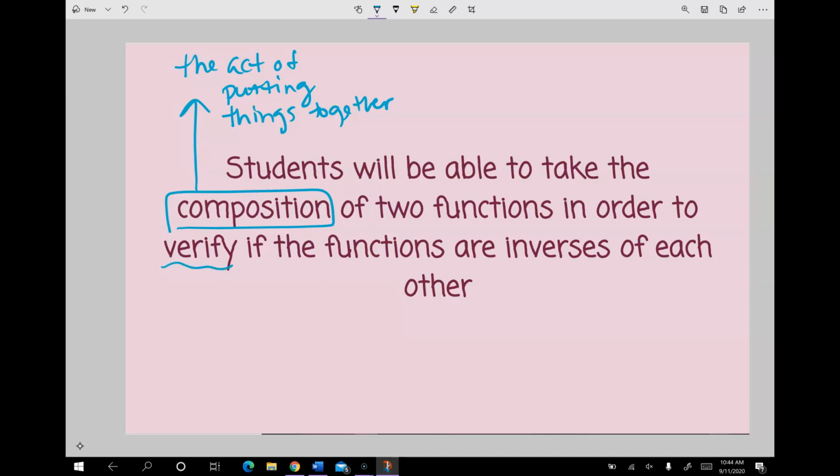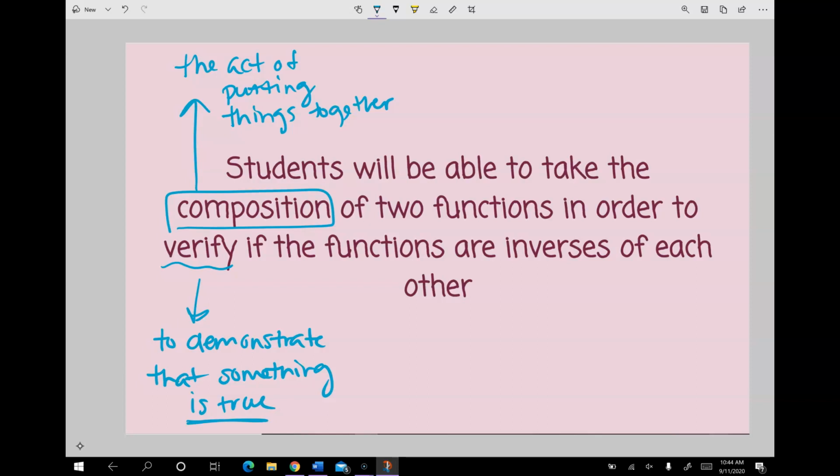Verify. What does verify mean? Verify means to demonstrate that something is true. So we're going to demonstrate that these functions are inverses of each other. We're going to demonstrate if it's true or not, all right?